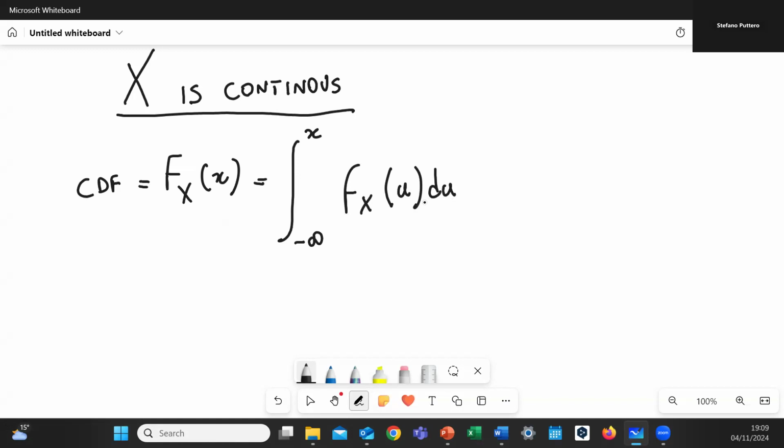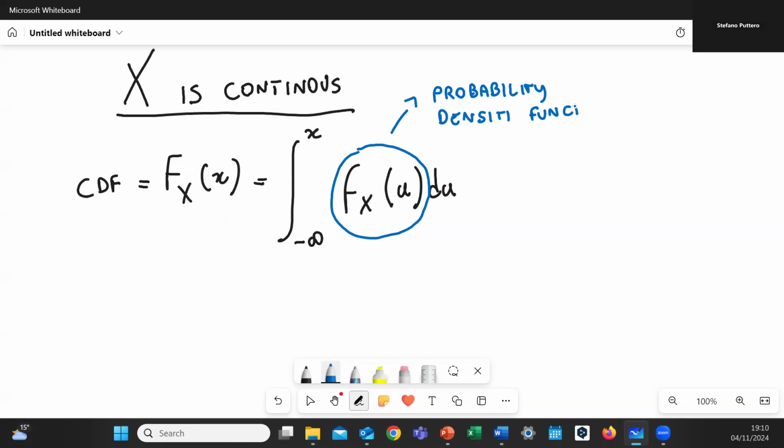Why not x and u? Because we are considering theoretical values, but it doesn't matter; you can also write x of the x. And in this case, this function is called probability density function, PDF.